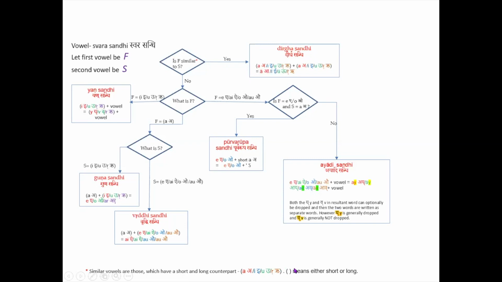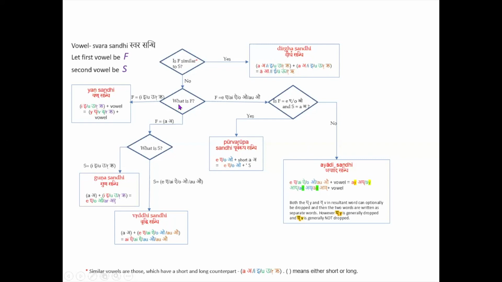When something is in brackets, that means the vowel could be either in the short form or long form. So if it is similar, then Dirgha Sandhi will take place, and the resultant would be Akara, Ikara, Ukara, Rukara.